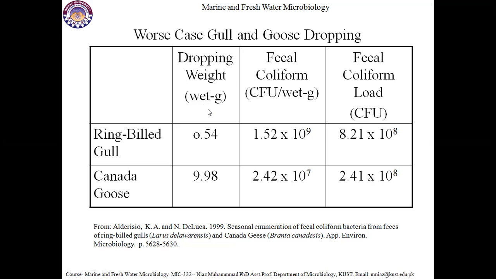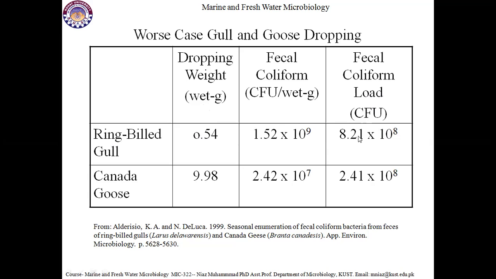So, worst case, gull and goose dropping weight per gram. The ring-billed gull gives 0.45 gram weight of dropping, and the coliform number is 1.52 into 10 to the power 9, and the CFU of fecal coliform load is 8.21 into 10 to the power 8.